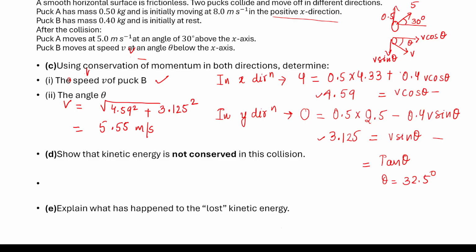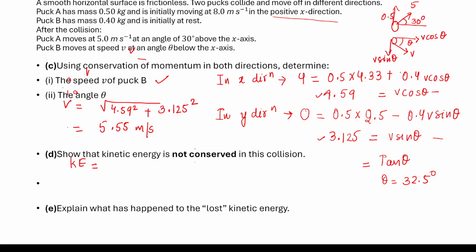Show that the kinetic energy is not conserved in this collision. So you calculate the total kinetic energy after the collision and before the collision. First, KE before collision is 0.5 times 0.5 times 8 squared, so 0.5 times 0.5 times 64 is 16.